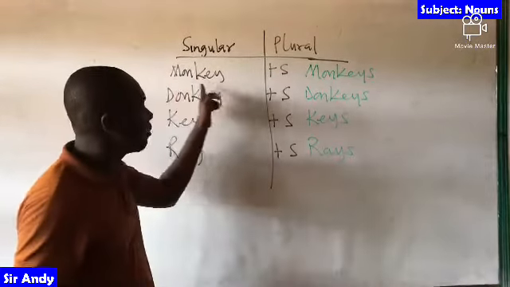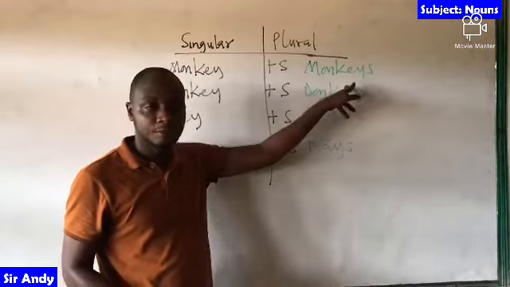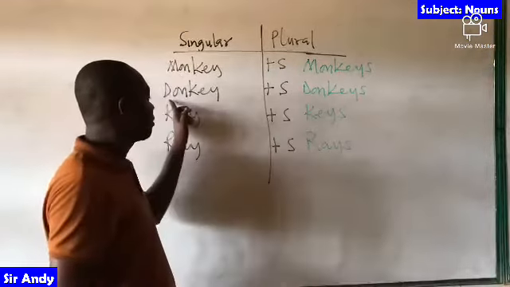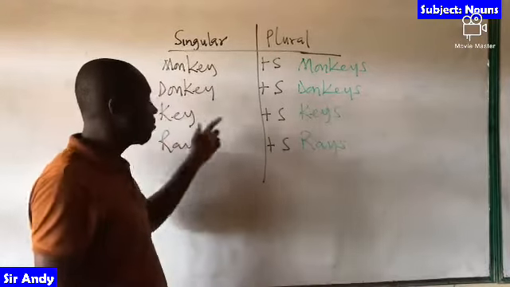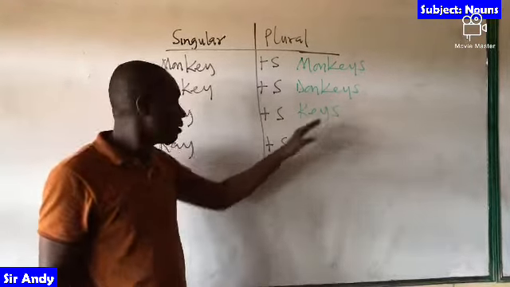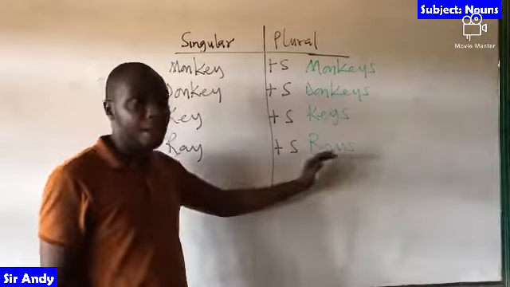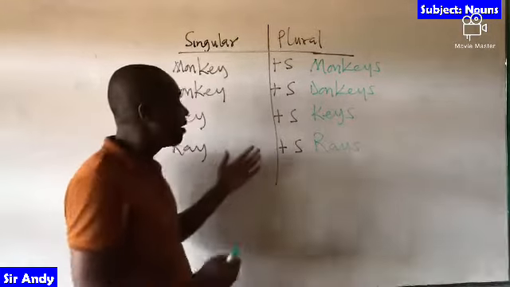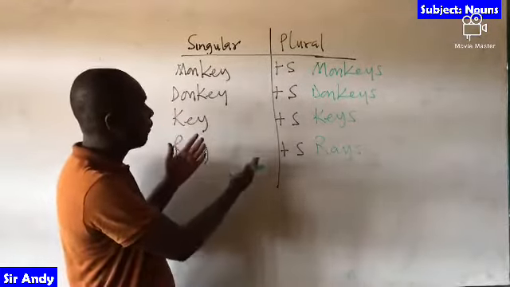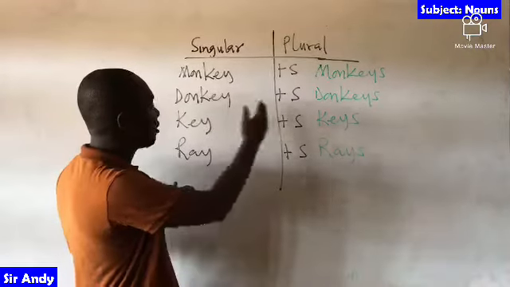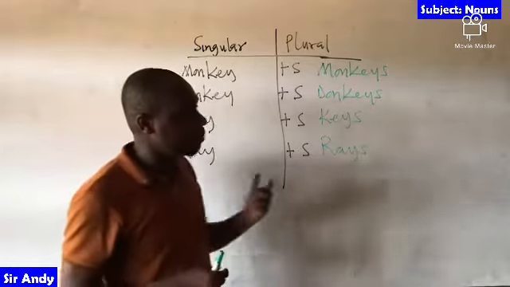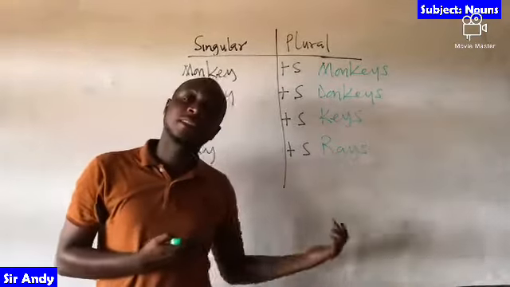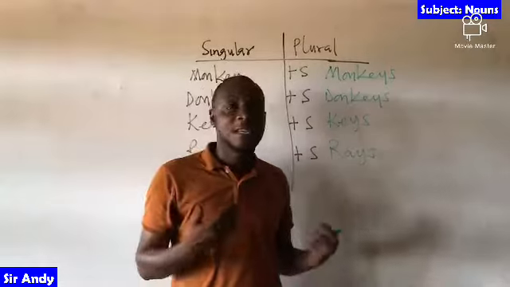So monkey becomes monkeys, donkey becomes donkeys, key becomes keys, and ray becomes rays. These are some of the words which admit s, where the y is not taken away. It's an exception to the rule, because sometimes when you teach this, people become a bit confused.